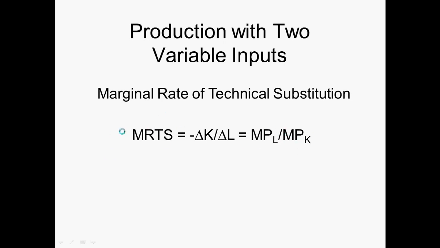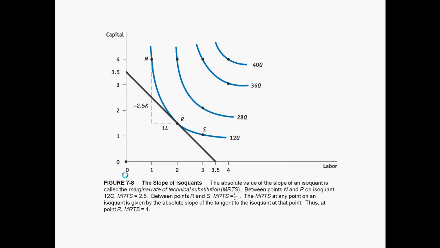That's the marginal rate of technical substitution. It will change along the isoquant. At this particular point, you see the tangent line, and the slope of the tangent line shows you what the marginal rate of technical substitution is at this particular point, R.